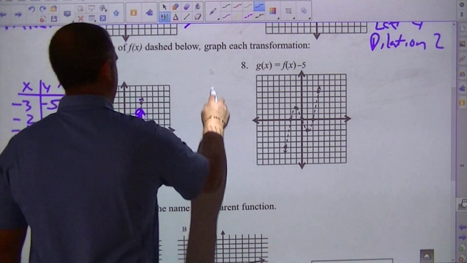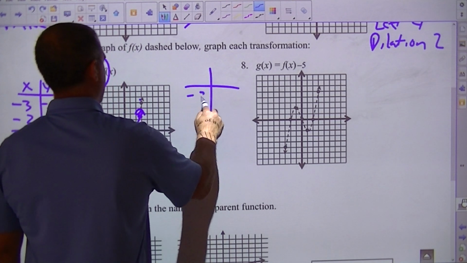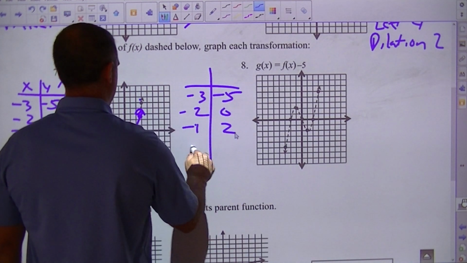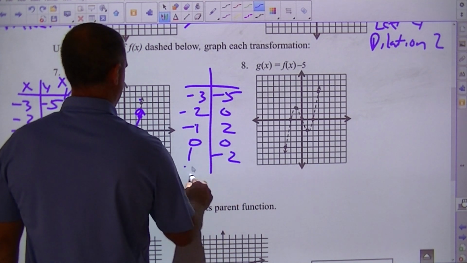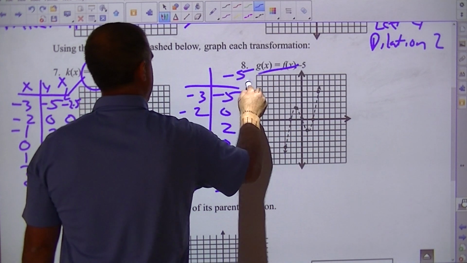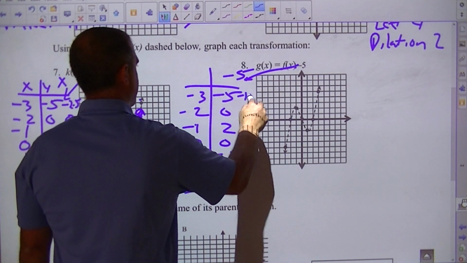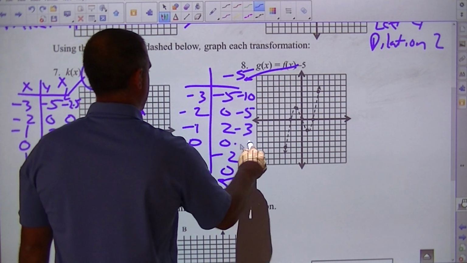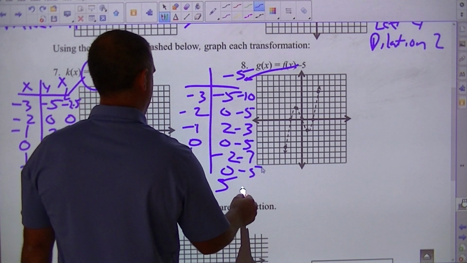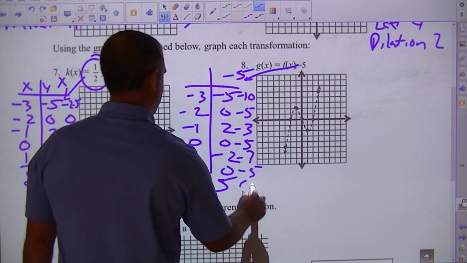This one, you take those same points. It's the same graph. And I subtract 5. So I take that and I subtract 5 otherwise. That's negative 10, negative 5, negative 3, negative 5, negative 7, negative 5, all right, 0.